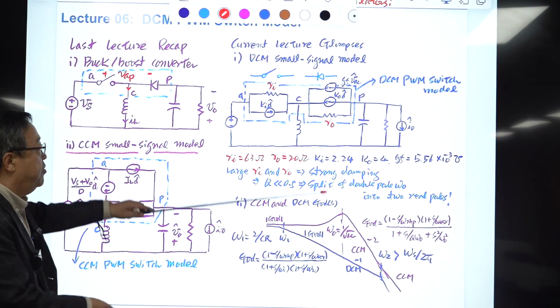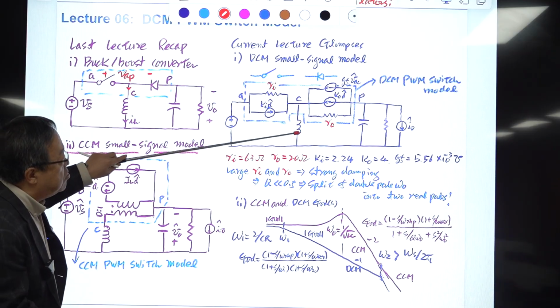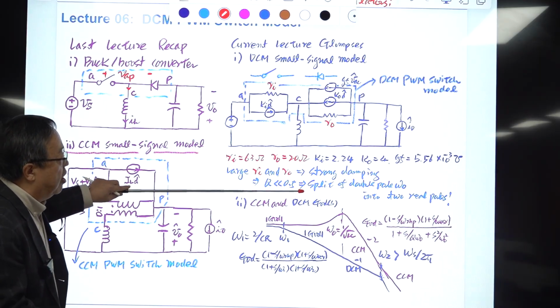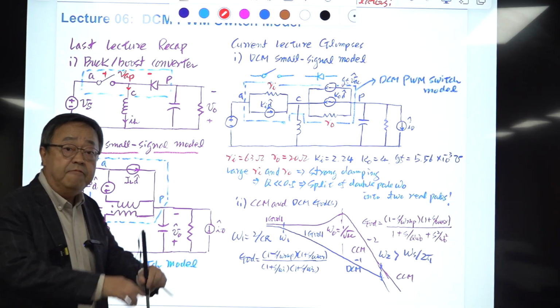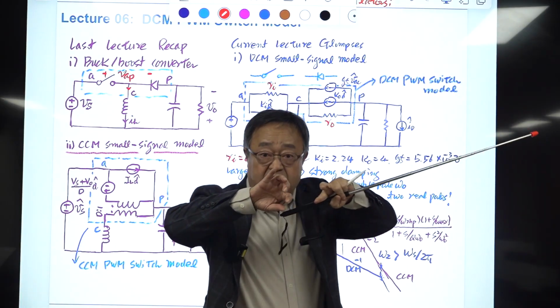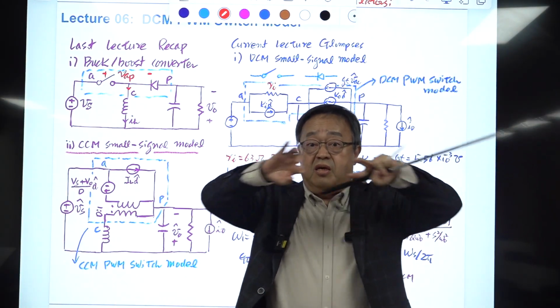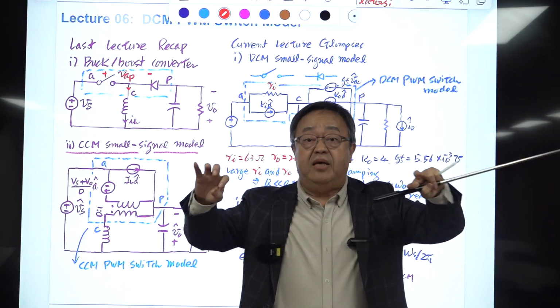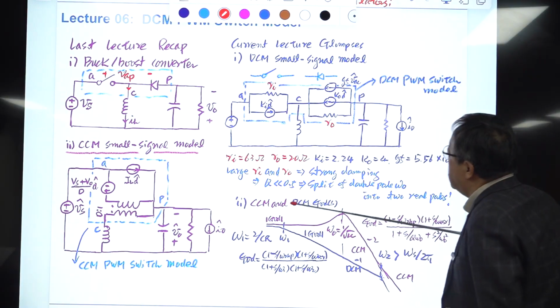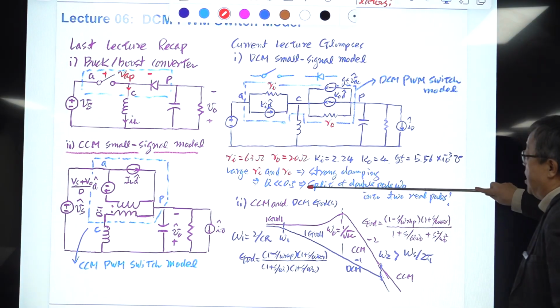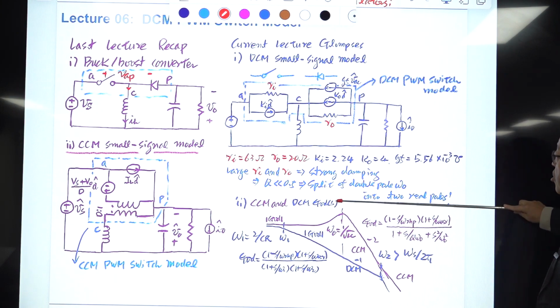That means basically you have a quadratic term, but this quality factor becomes less than 0.5, so the double pole will split into 2 real poles with equal spacing on a log scale. The result of this is the split of the double pole into 2 poles.